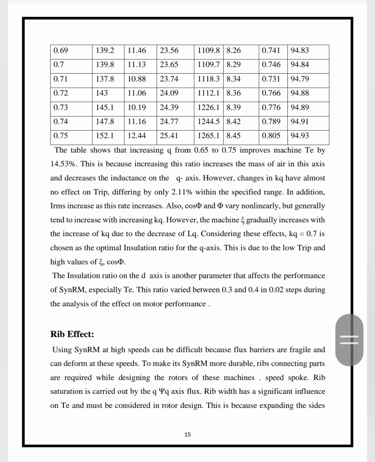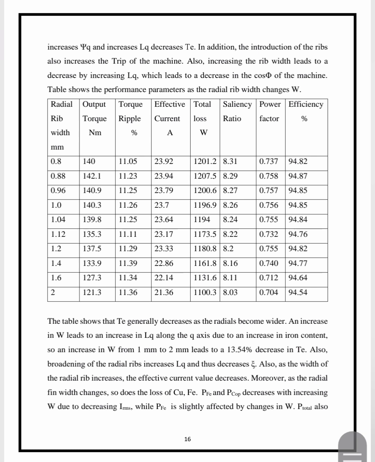This is because expanding the sides increases the radial rib width along the q-axis, and the insulation ratio along the q-axis decreases as output torque decreases.